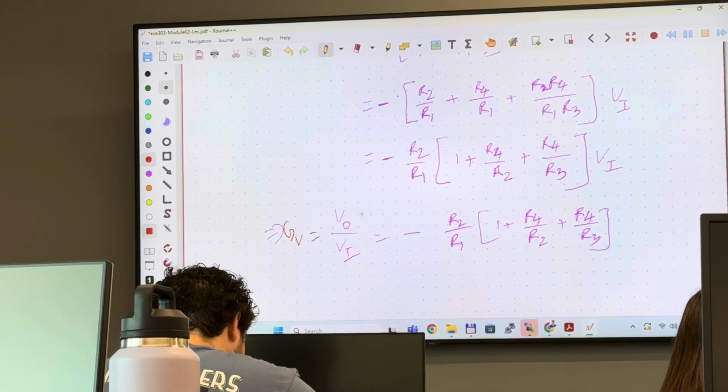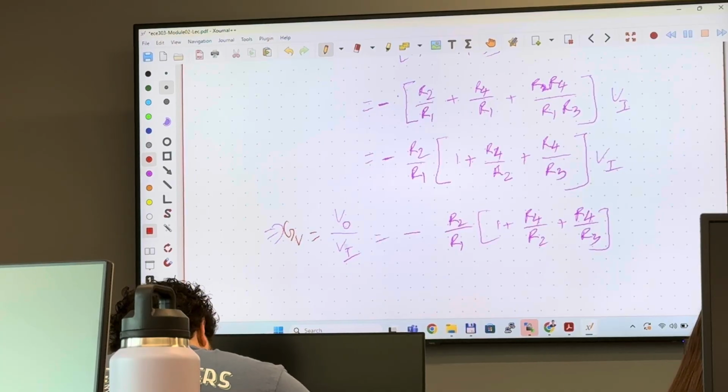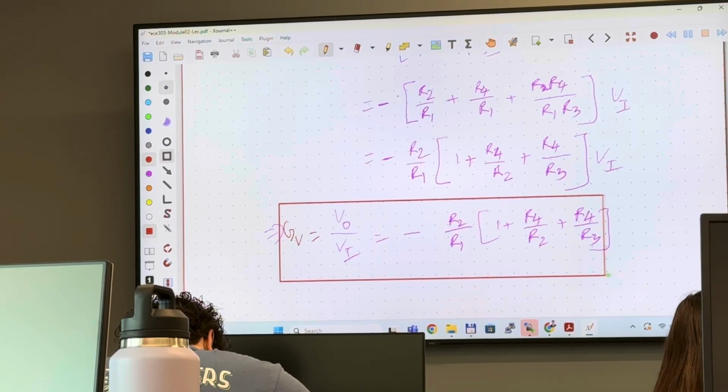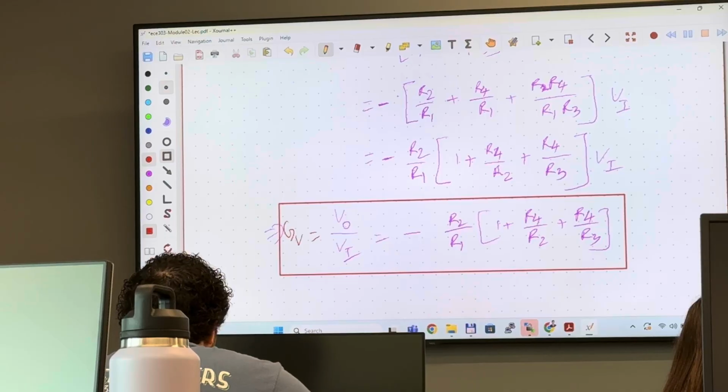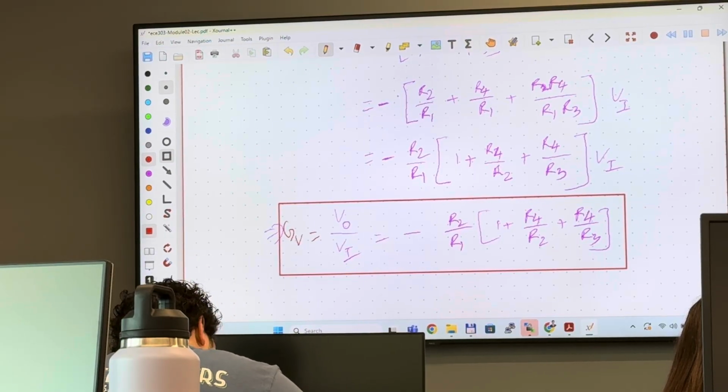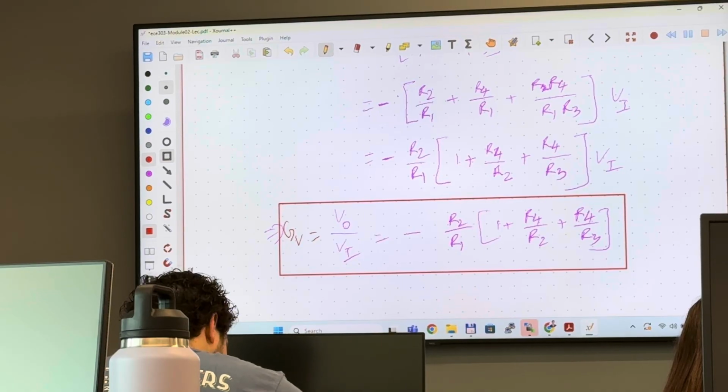GV equals this. V naught over VI equals this. So you can have this nice box. So this is the final answer for the first part.